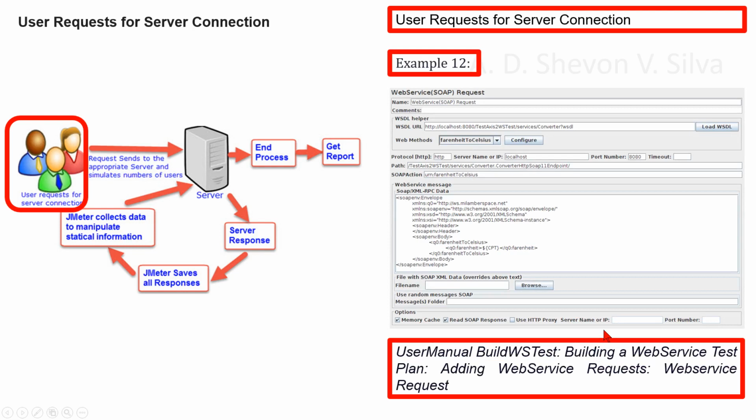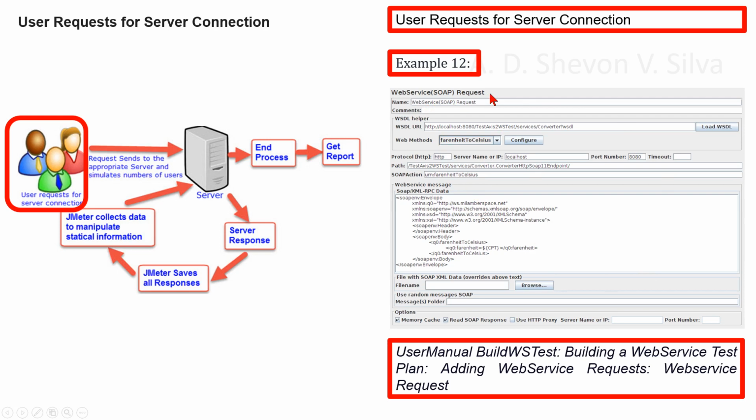Now we are considering adding web service request in building a web service test plan in user manual building WS test. Here the web service request. In our test plan we will use the .NET web service.